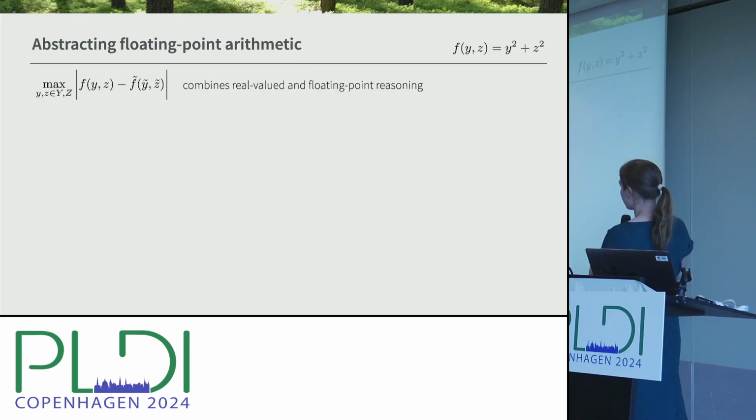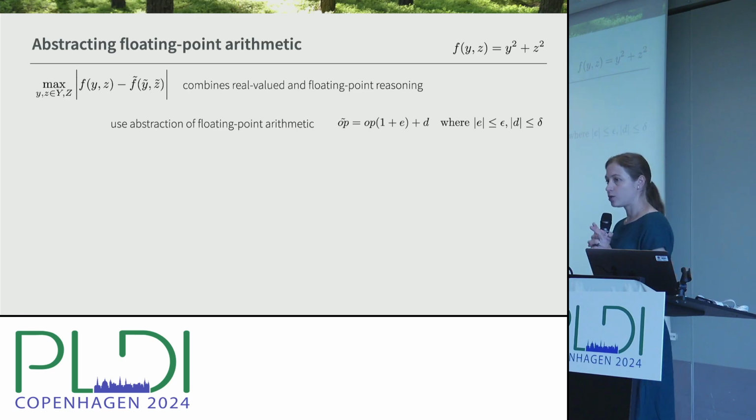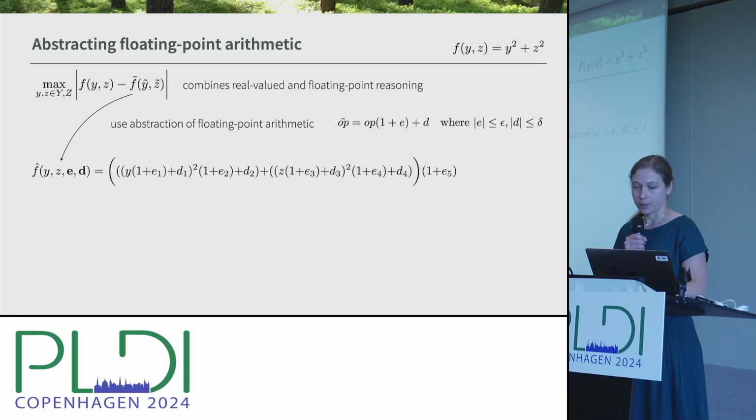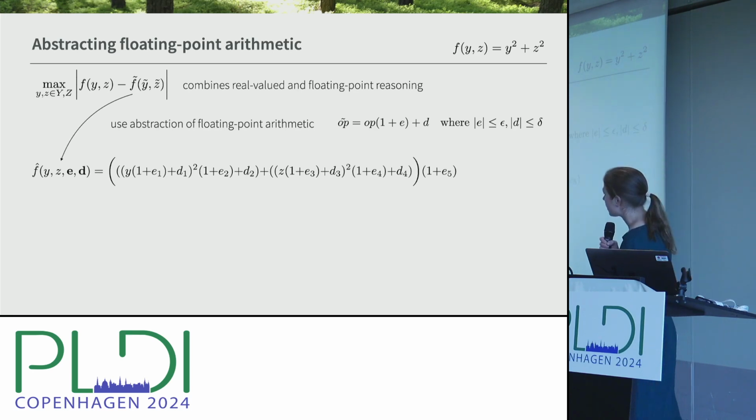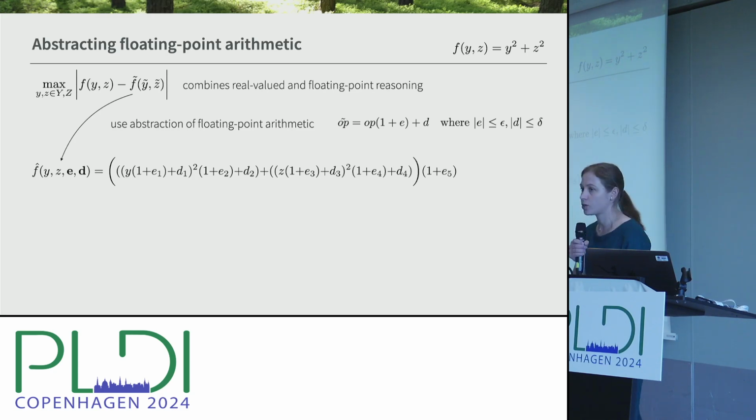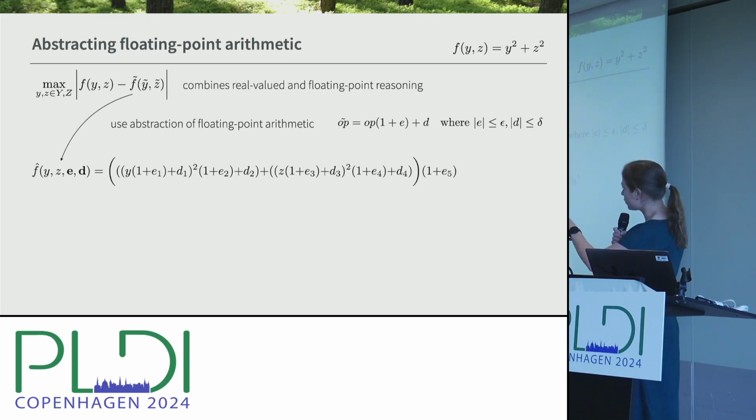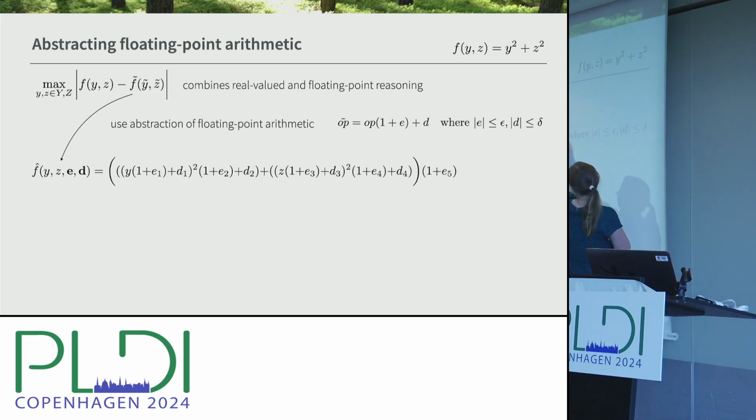All right, so this is the thing that we're after, and it's complicated because it combines reals and floating points. So what we're going to do is use that abstraction from before and apply it to our expression. If I take that f tilde, I'll make it now into an f hat, where all of the floating point variables and operations are replaced by this one.